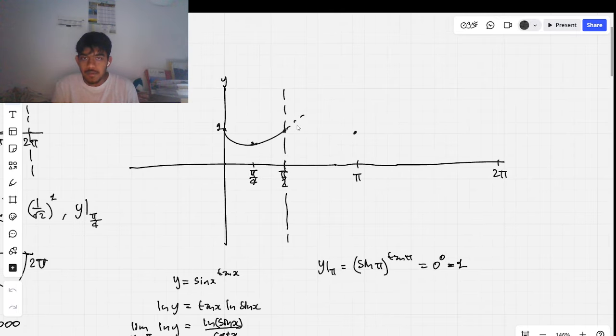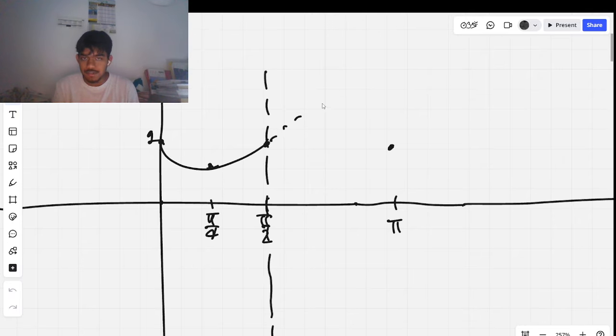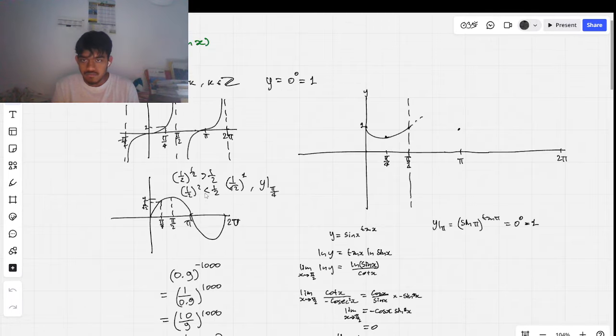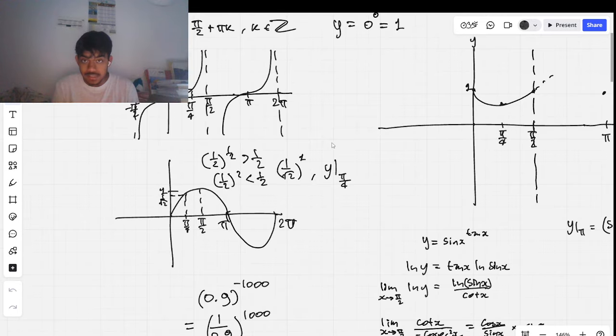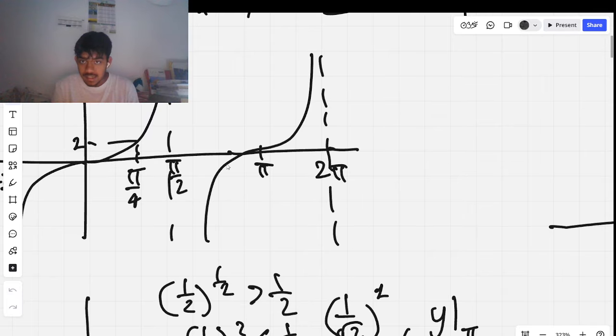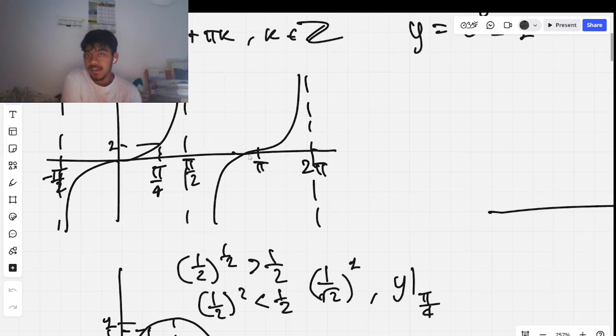So something must happen between here and here. We know the trend here is that it increases, so there must be some sort of thing happening. The way I've reasoned what's going to happen there is that I continued and looked at what happens as we reach the value of pi.